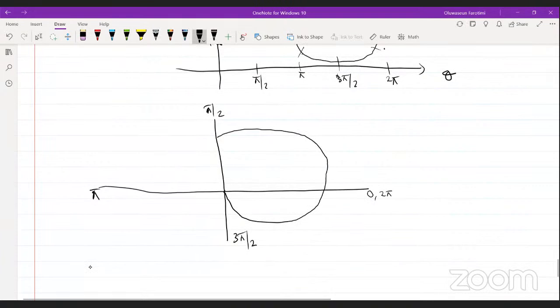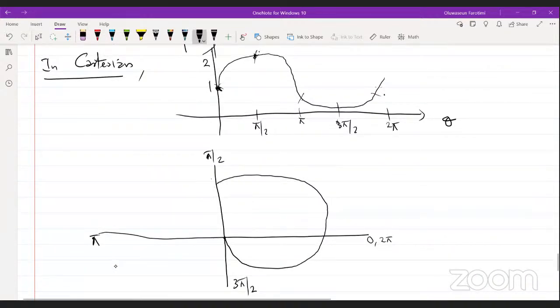So that means from 0 over here to pi over 2, I'm increasing. But from pi over 2 to 3 pi over 2, let me write it here: increasing, decreasing, decreasing, right? So from pi over 2 to 3 pi over 2, we're decreasing, okay? So that means this guy is decreasing.